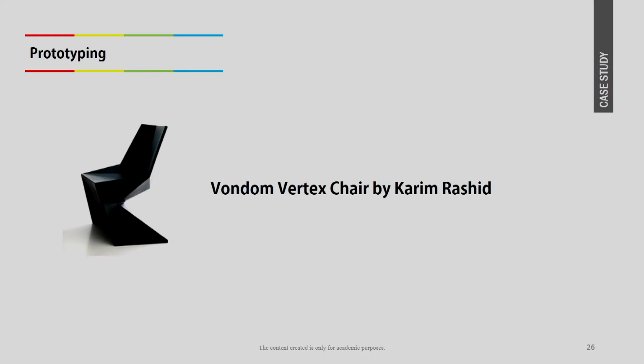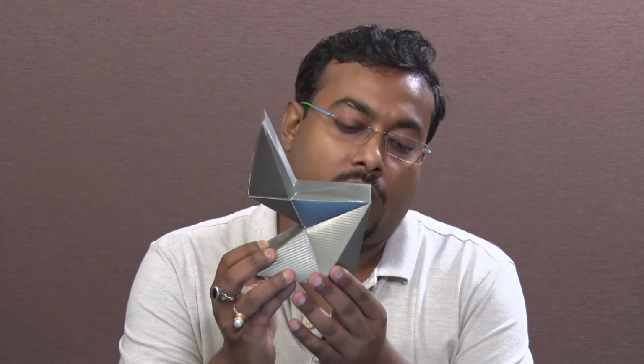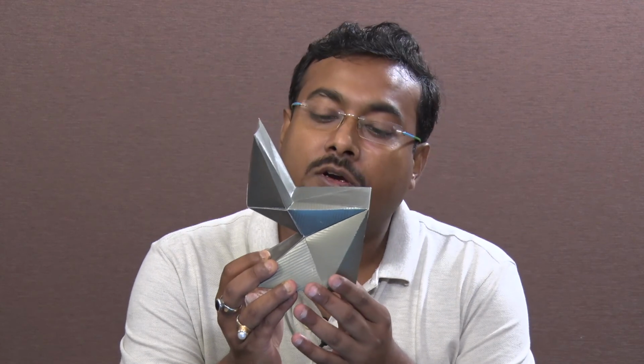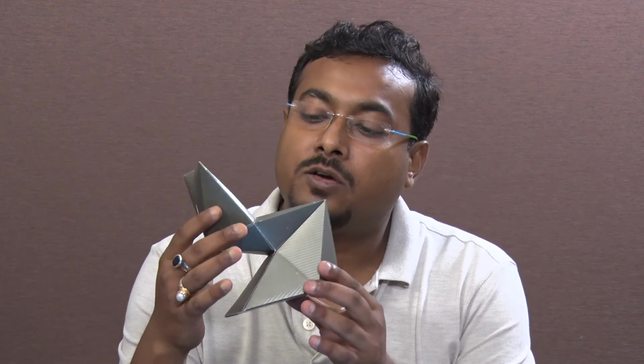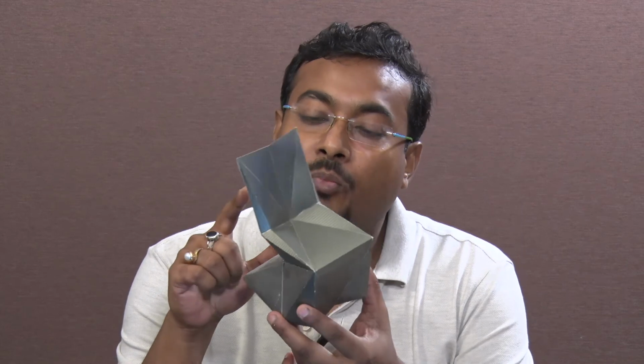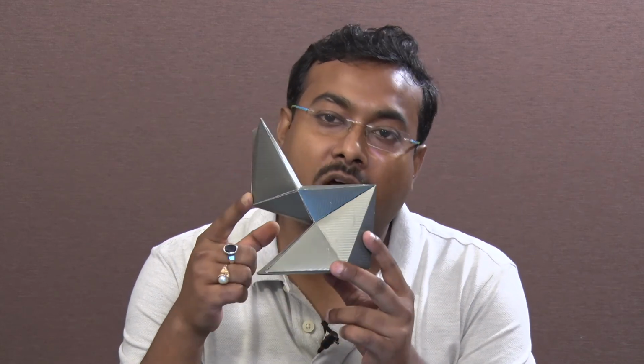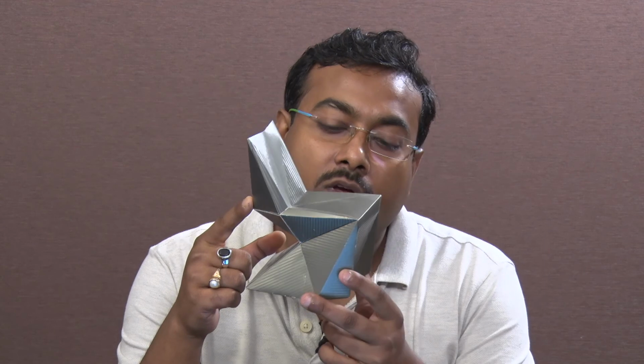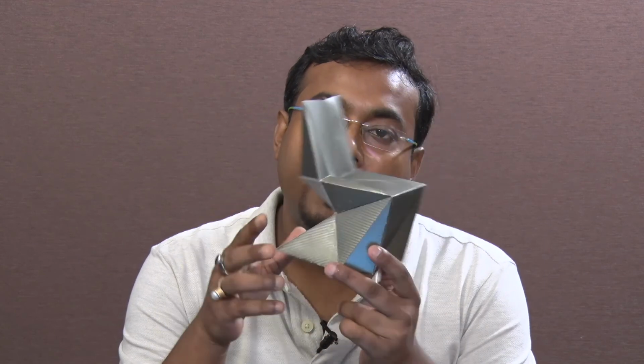Next is Karim Rashid's Vendome Vertex chair. This particular chair has a geometric form, and because of that we used paper instead of other material, which will give the form easily.